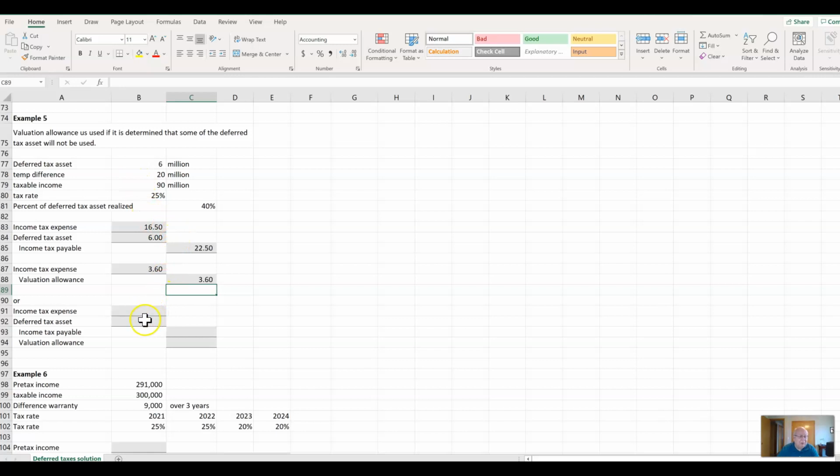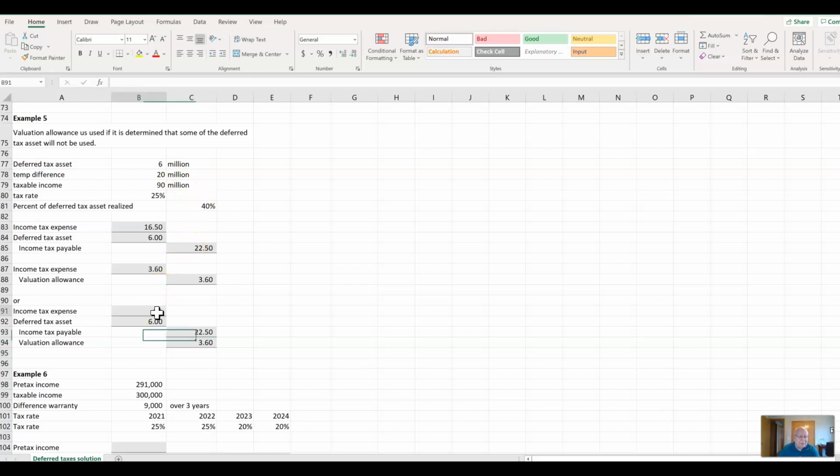Or the other way you can do this is you could have the 6 million. Income tax payable is the 90 million times the 25%, just like we did before. The deferred tax asset is equal to the 6 million times 1 minus the 0.4.